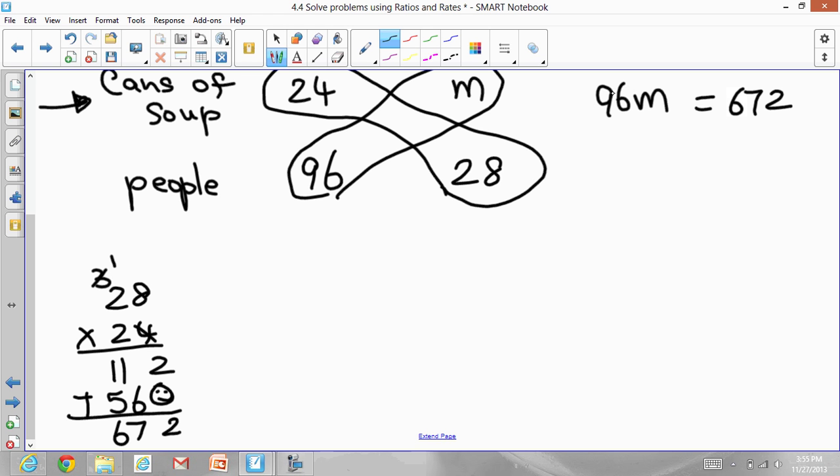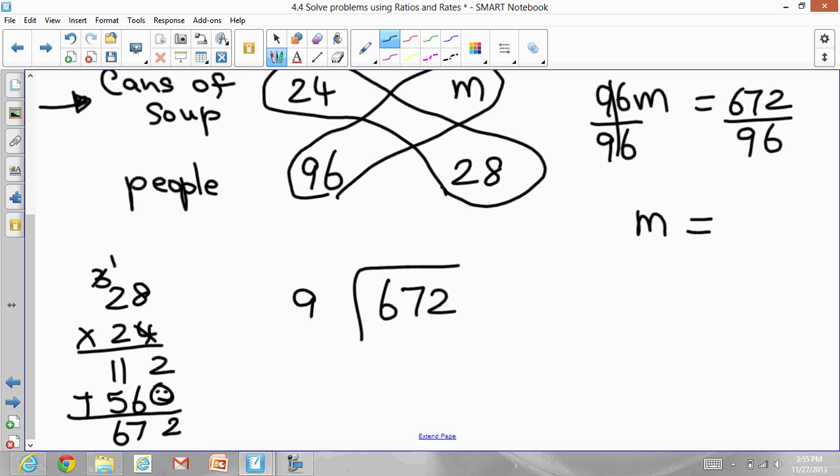Now you want to find M. Get rid of the 96, which is multiplying, by dividing here and here. Cancel. You get M equals 672 goes in the shelter. You divide it by 96. 96 cannot go in a 6. 96 cannot go in a 67. And 96 times 4, 6 times 4 is 24.